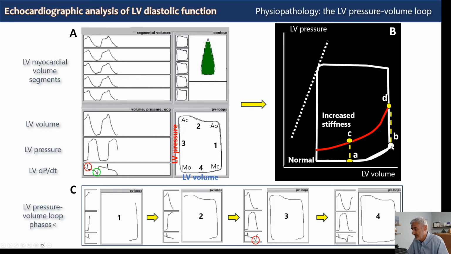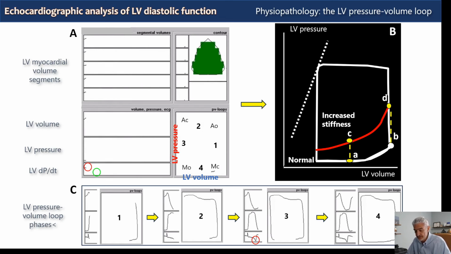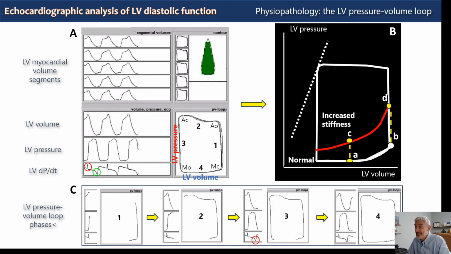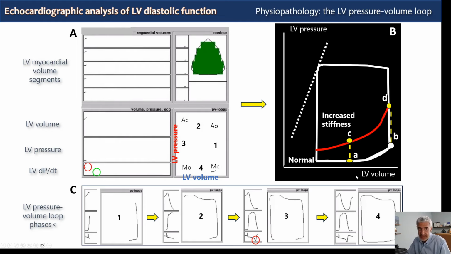So for the same volume in B as in a normal ventricle, when compliance is reduced, the pressure will be much higher. So the effect of a reduction in LV compliance will be to increase the filling pressure for the same LV volume. This will also be followed by a secondary increase in left atrial pressure.